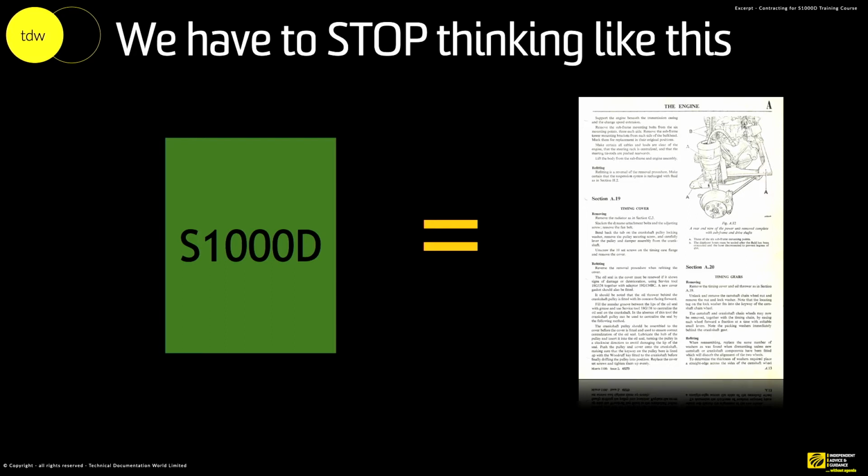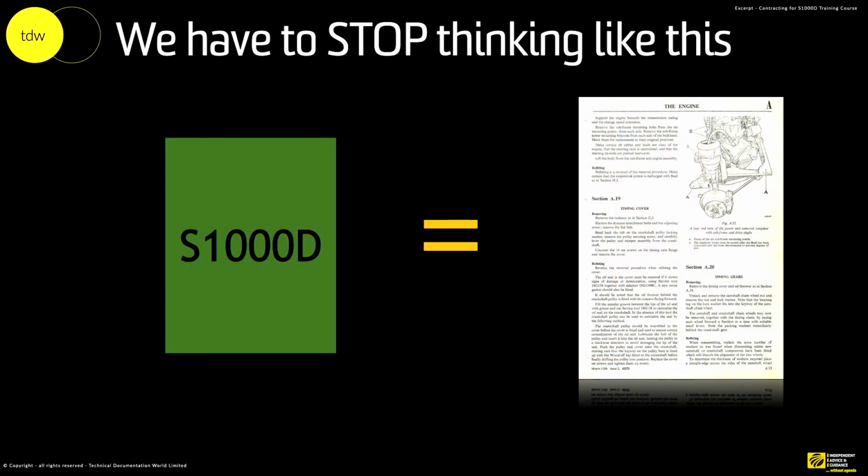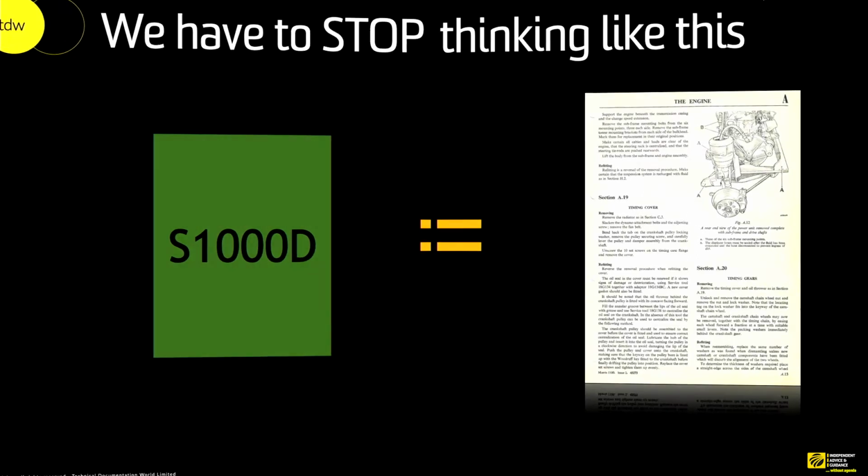It's much, much more. We have to disassociate the link between what the specification says it is, i.e. a technical publication specification, and, again, I believe it's misleading in the title a little bit. We have to accept that it's much more than what we expect from a traditional technical publication.